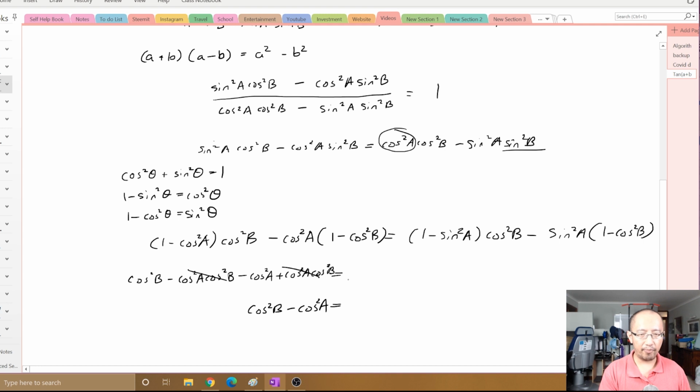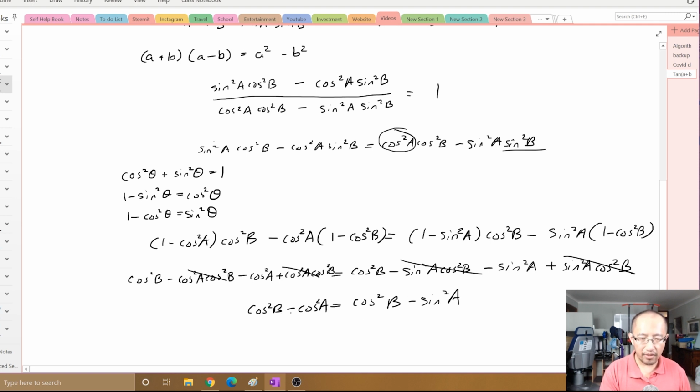Okay, so now I'm going to expand that out. So I have cos squared b minus sine squared a cos squared b minus, so I'm just expanding it, sine squared a plus sine squared a cos squared b. So again, this will cancel out with this. So on the right hand side, I have cos squared b minus sine squared a.